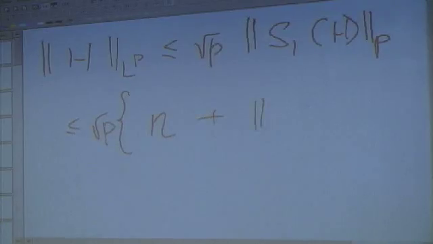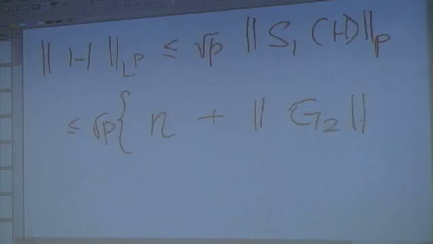So now you can estimate h in L^p is less than square root of p times S1 of h in L^p, which is less than square root of p times the constant term plus this term that I call G2.